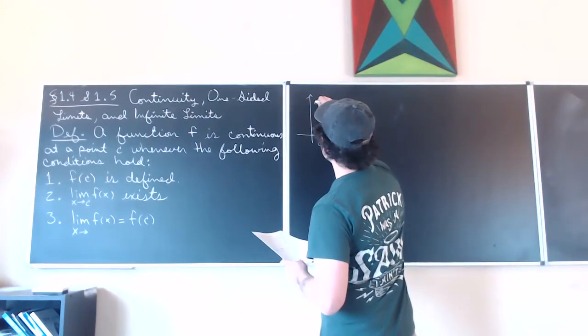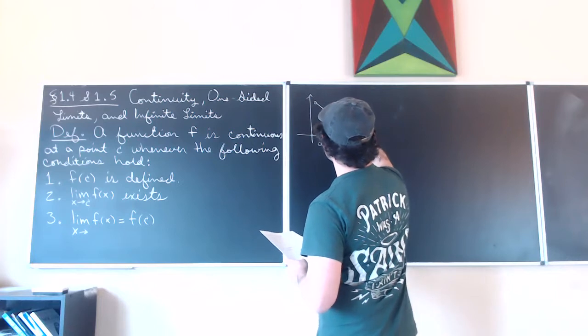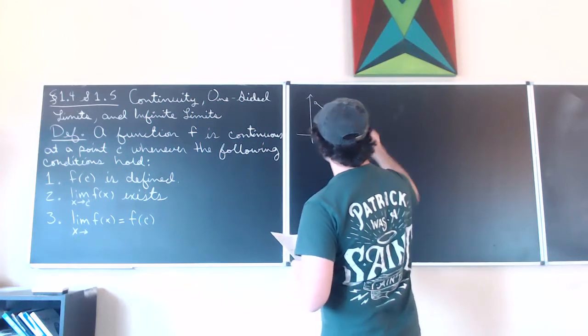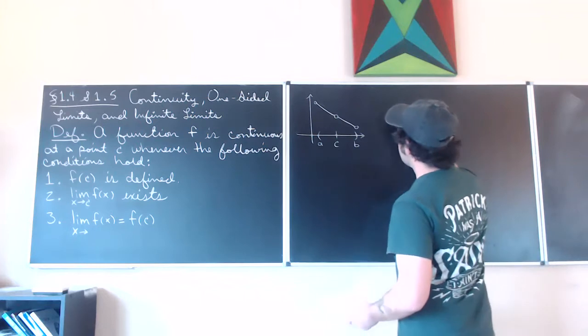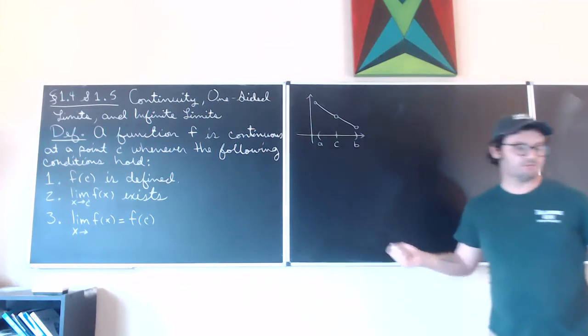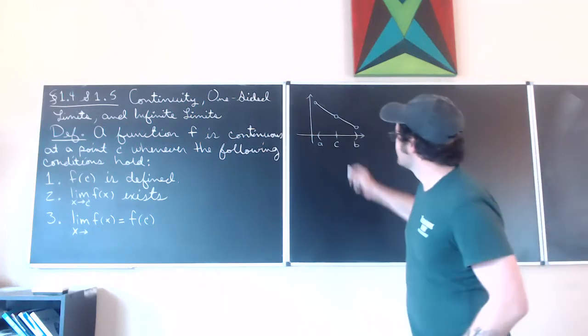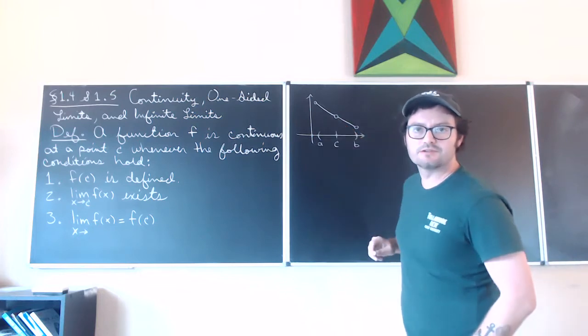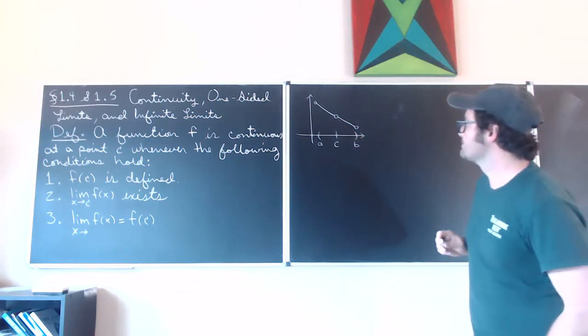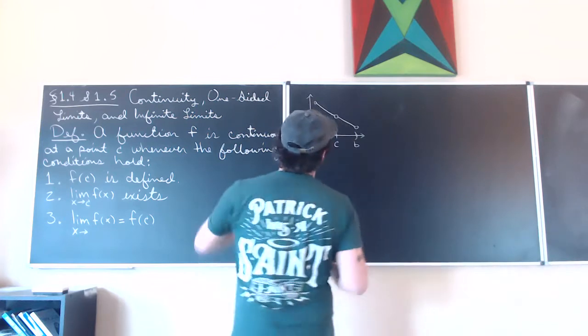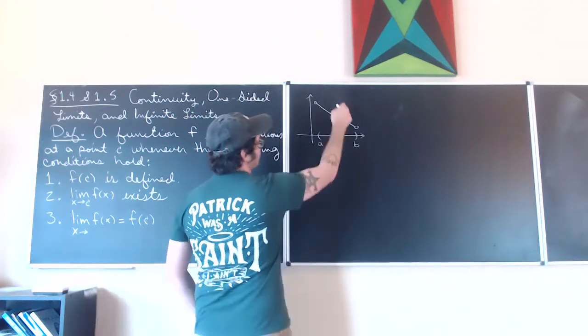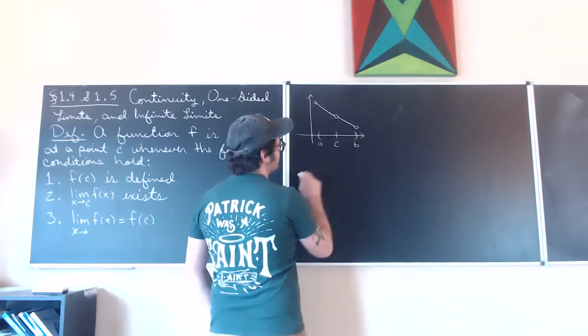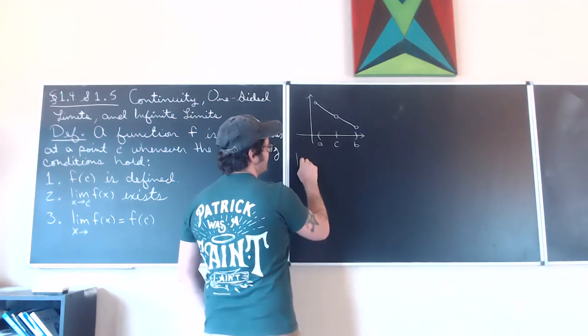We could have a function maybe look like this. Hopefully you can see that there's a little hole right there at x equals C. If this is the graph of our function f of x over this interval, we see that indeed the limit does exist.